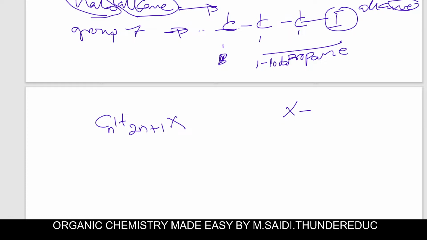Then we go to the next one. Just a bit of rushing because of the time, but still we will win. Sometimes these compounds are branched. If they are branched, what are we supposed to do?